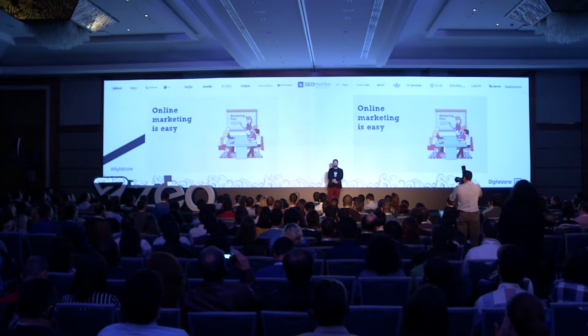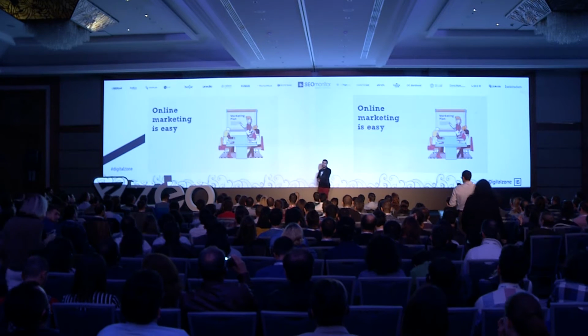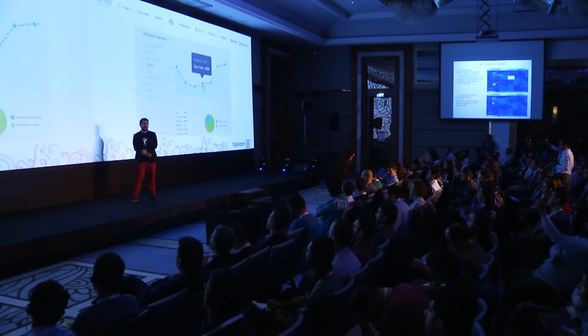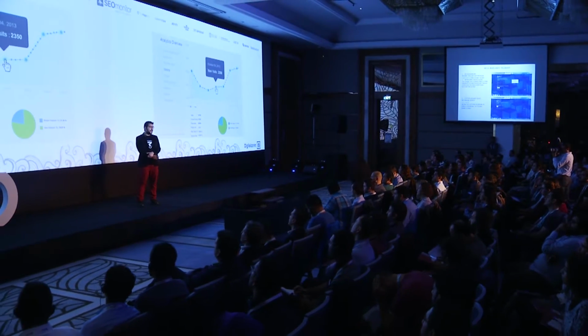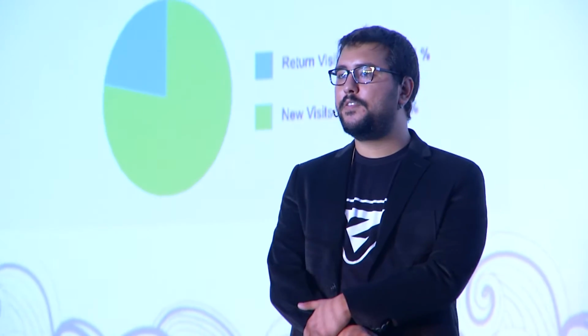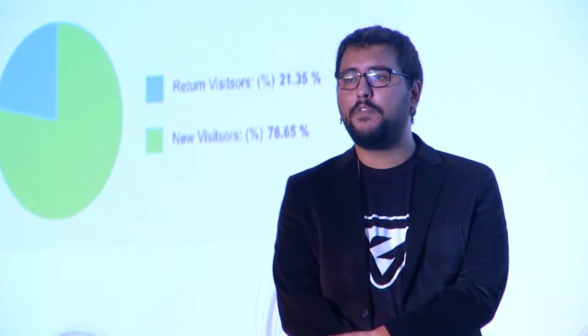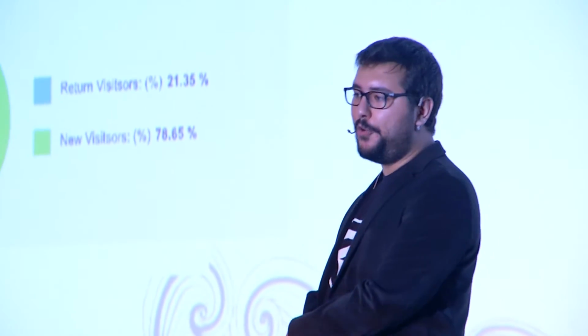So most of the people are saying that online marketing is not that hard, that online marketing is easy. Yes, it might be, but online marketing was easy, I think, because in those days, when I started SEO in 2007, we had just a few metrics, and we were just looking for new visits, the backlinks we earned, and this kind of stuff.